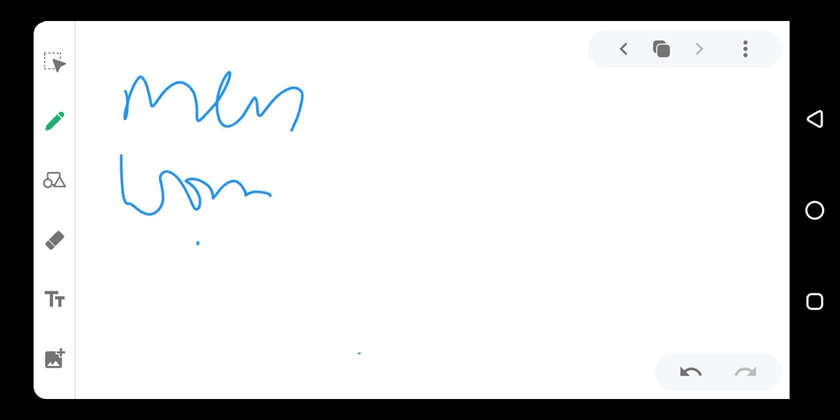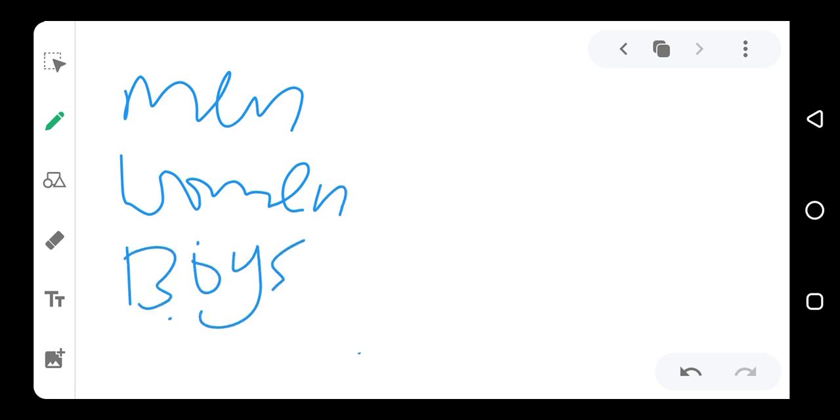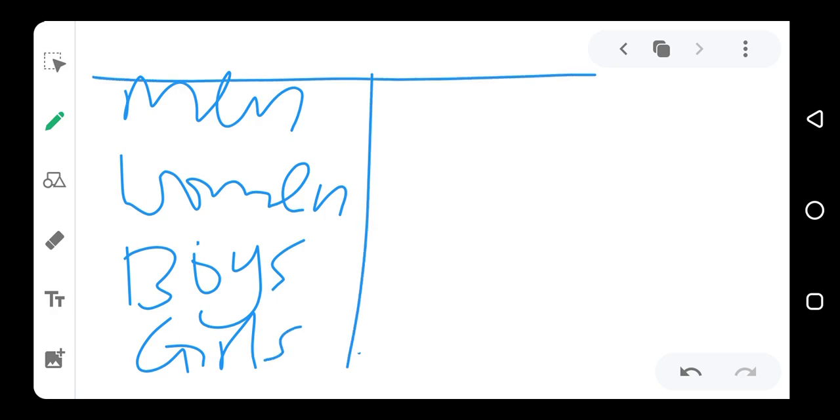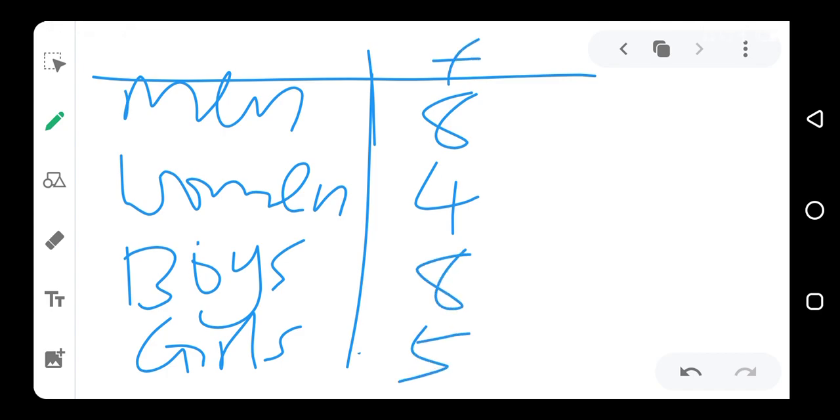For instance, here we have men, women, boys, and girls. The number of men is 8, number of women 4, number of boys 8, and number of girls is 5. This is the frequency table.